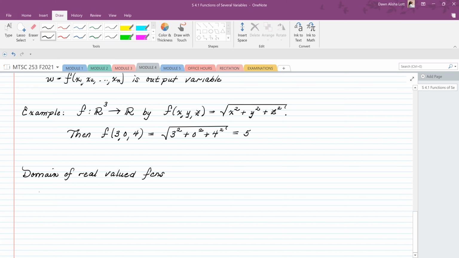The two things that make the domain hard, that cause you to think, are square roots and reciprocals.